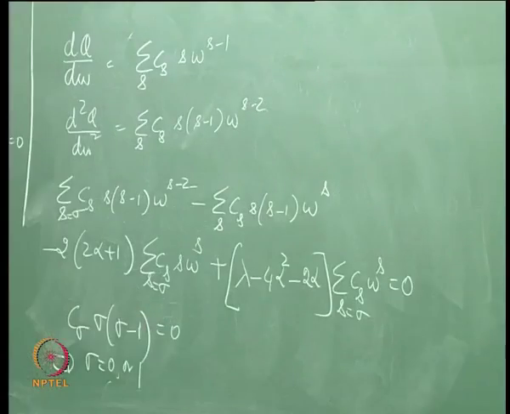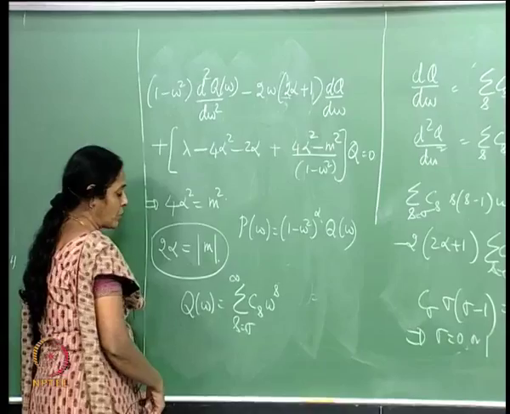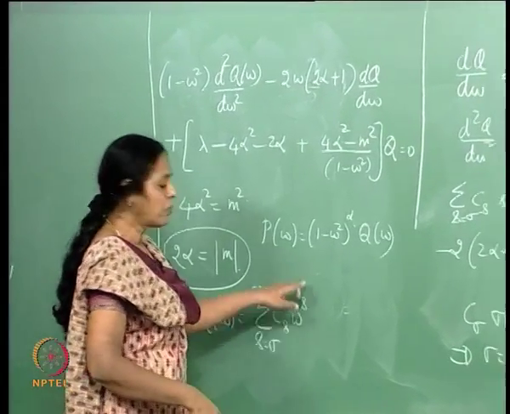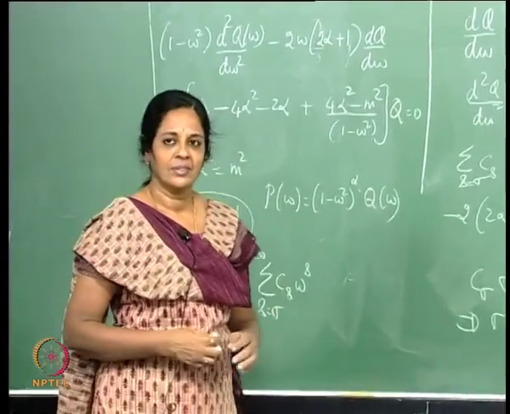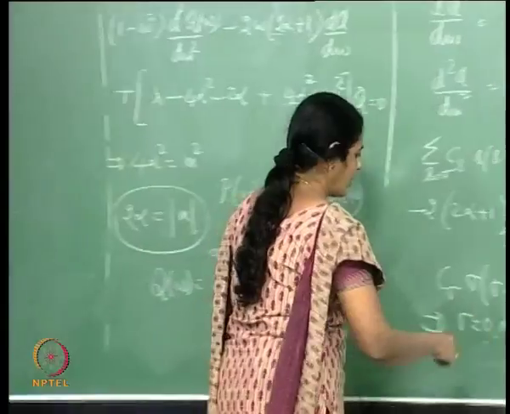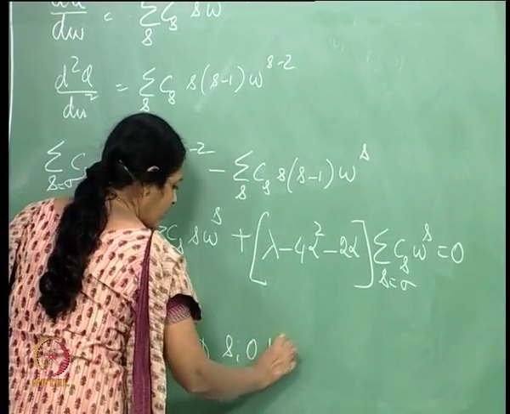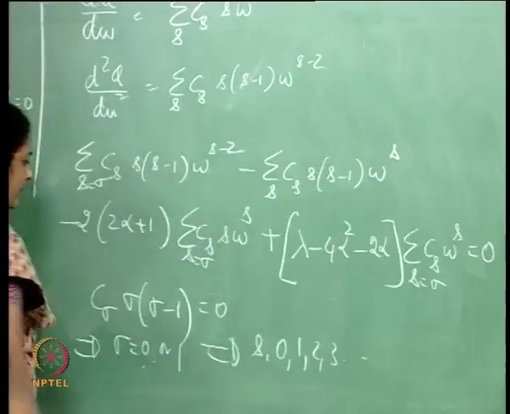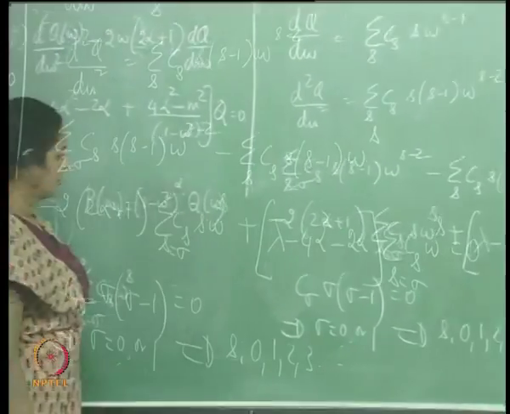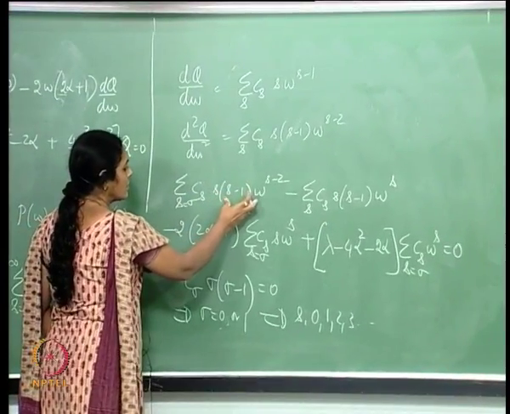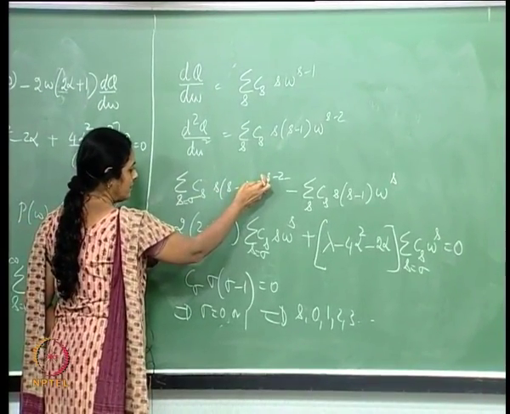So this series starts from s equals 0, and s takes only positive integer values. This becomes an important thing, implies s takes values 0, 1, 2, 3 and so on. This is the equation for small s.